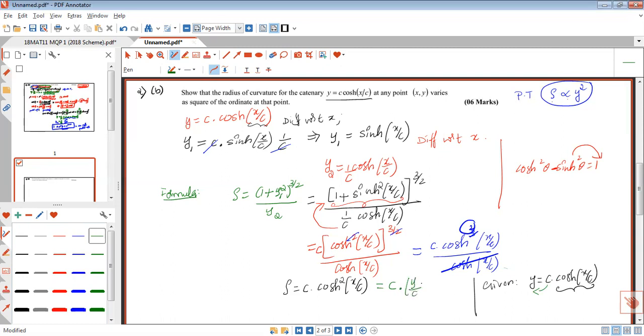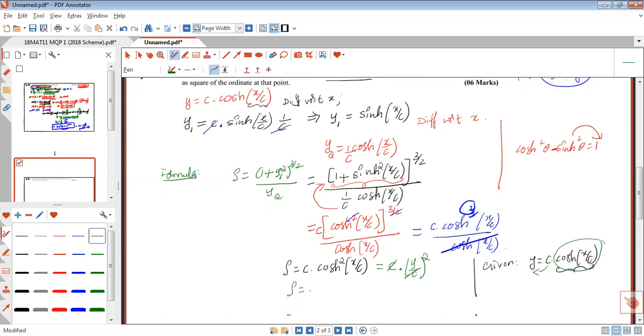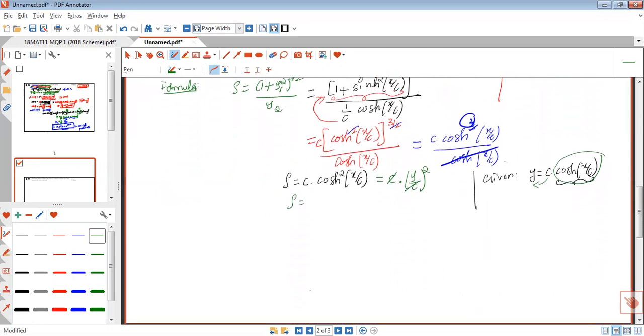One of the c gets cancelled here, so rho equals y square divided by the remaining c.